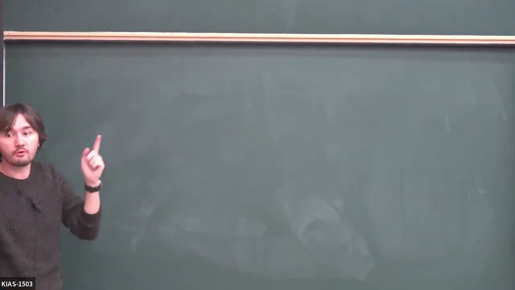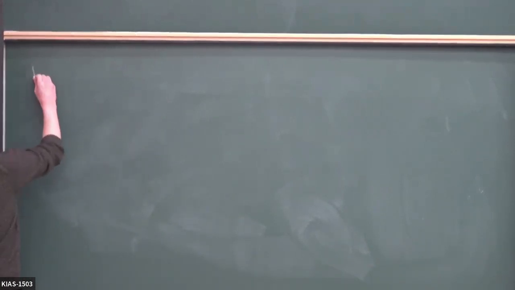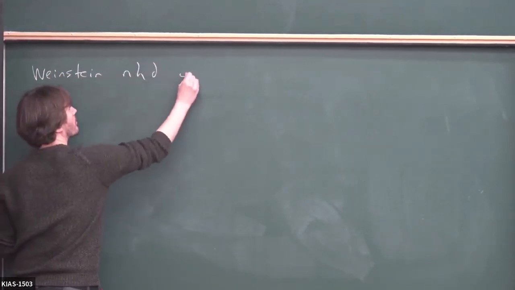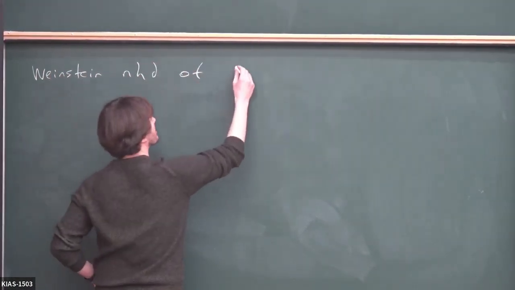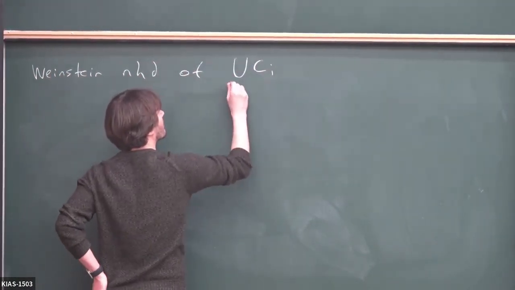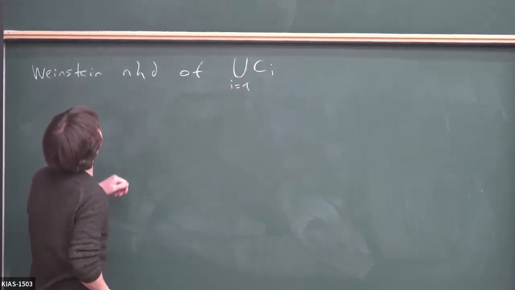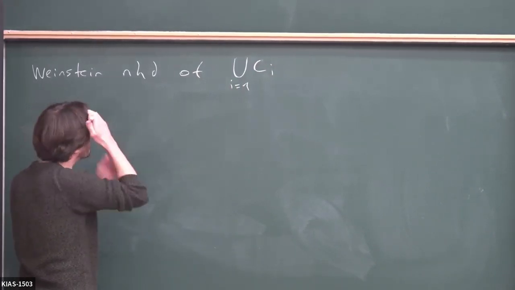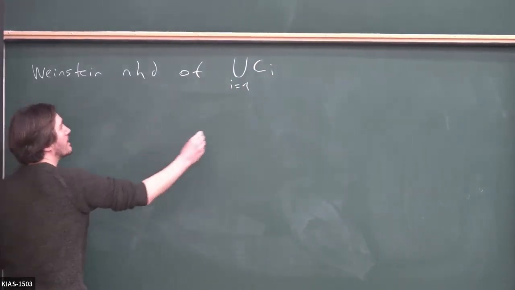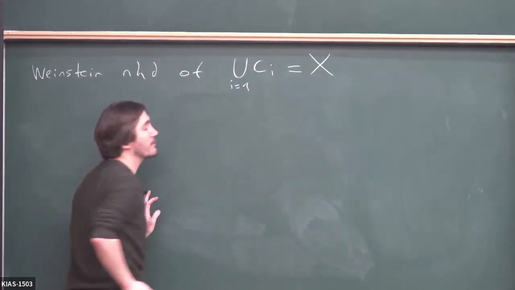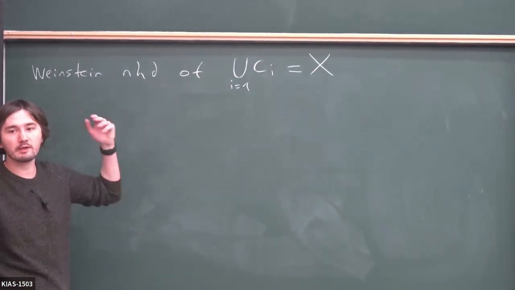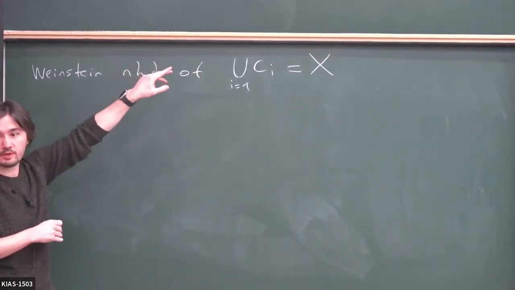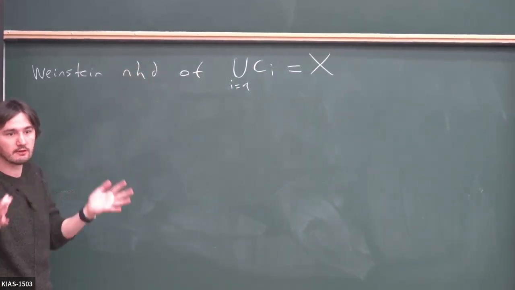So I take this Weinstein neighborhood. So take a neighborhood of that picture, and let's call it X. So I take a Weinstein neighborhood of X. Actually, it doesn't depend on the ambient W. So this is the Weinstein neighborhood theorem, and you can extend it to this kind of picture. Its neighborhood is standard.